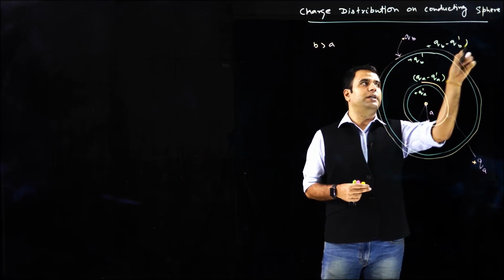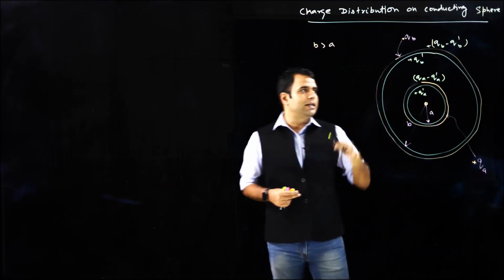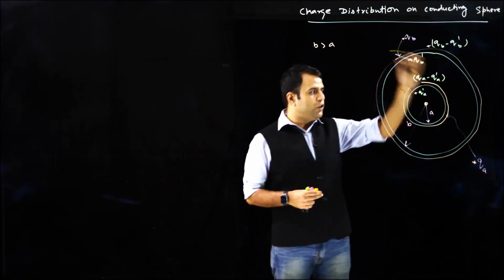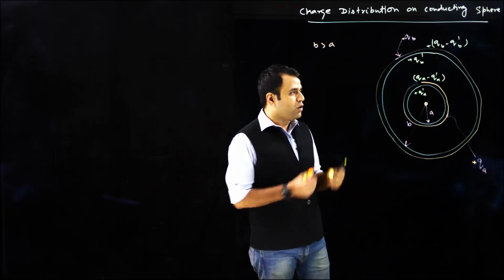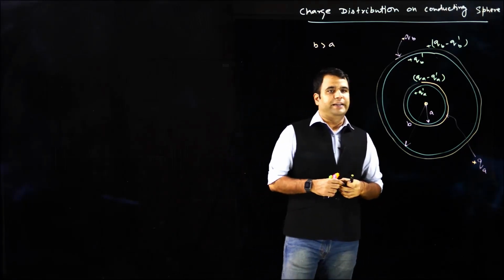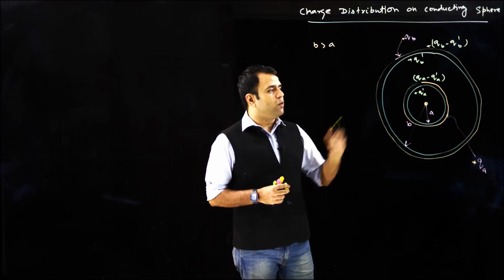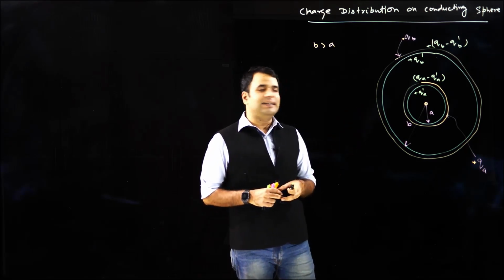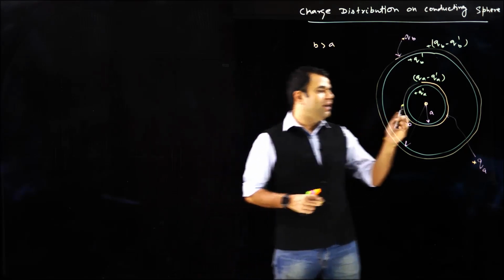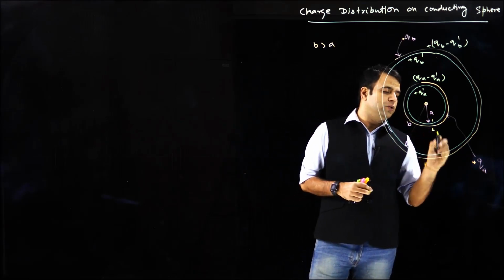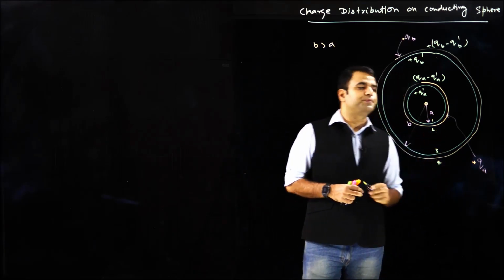And obviously we know that these charges will be distributed uniformly over the surfaces because there is a spherical symmetry. Now we want to check the values of QA dash and QB dash. I'm calling these surfaces 1, 2, 3 and 4.